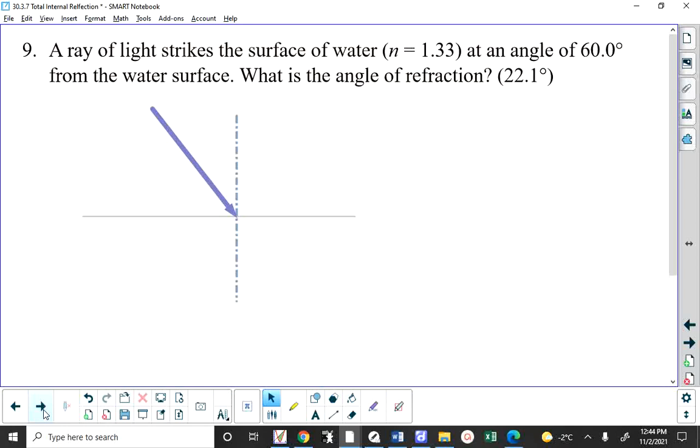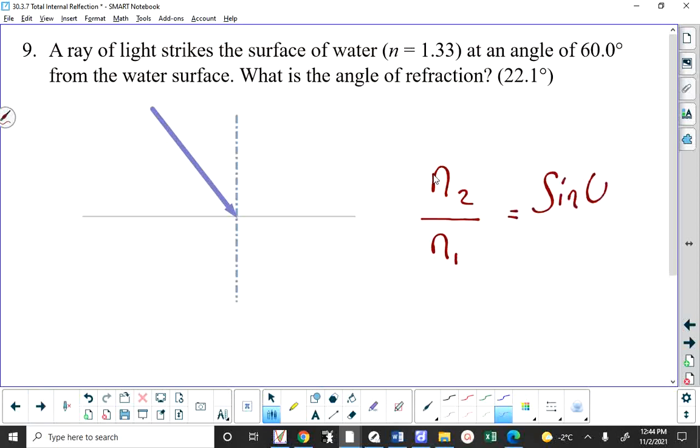So a ray of light strikes a surface of water at an angle of 60 degrees from the water's surface. What is the angle of refraction? At first glance, this looks like a straightforward n2 over n1 equals sine of theta 1 over sine of theta 2. One thing I didn't say in my review is that theta 1 is the angle of incidence and theta 2 is the angle of refraction. And 1 is always the subscript that describes where it starts.